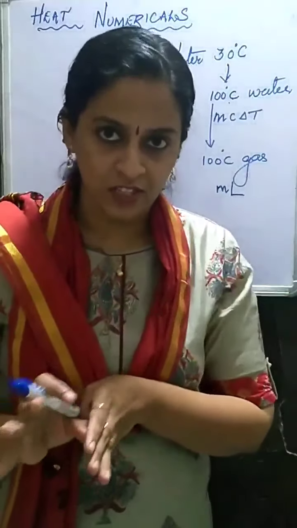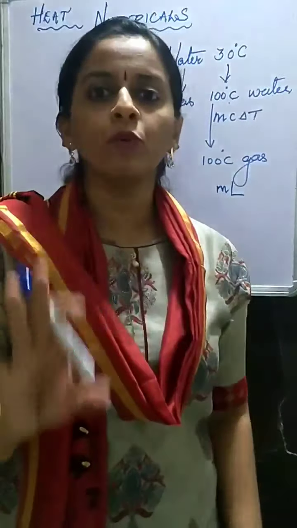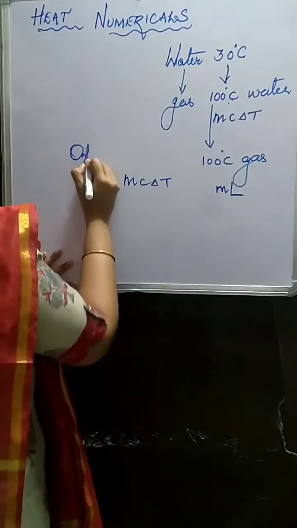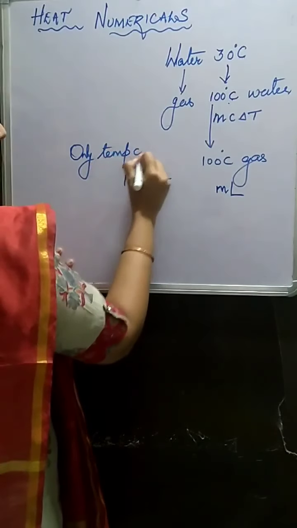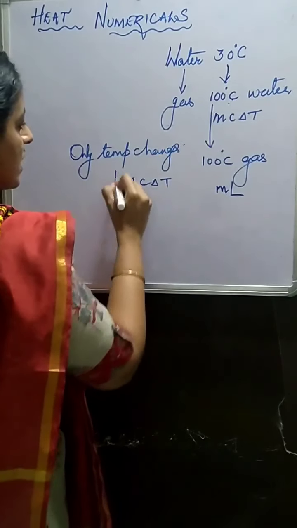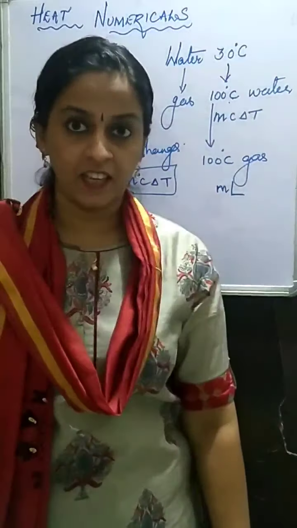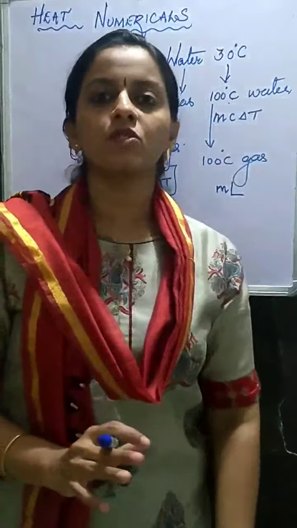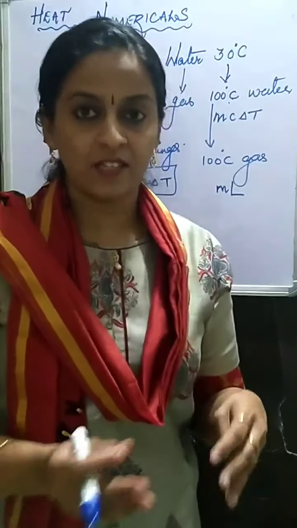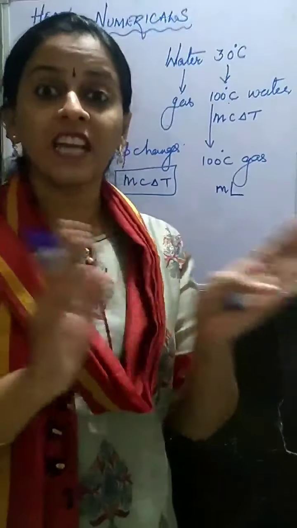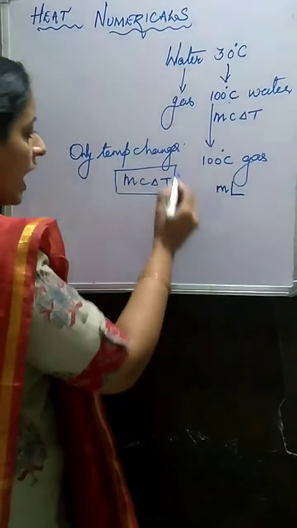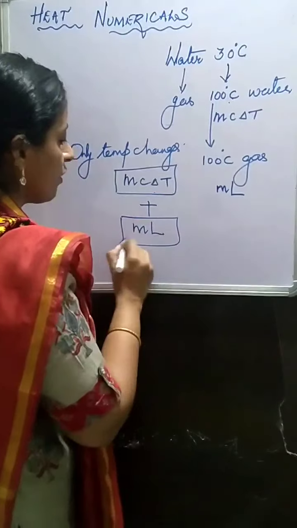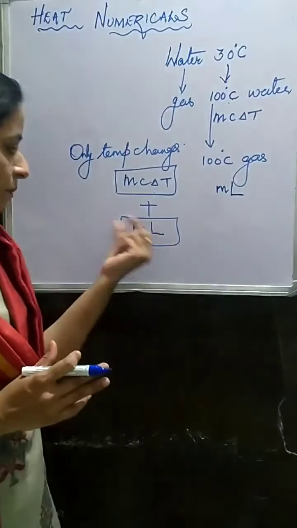When only the temperature is changing, you will use the formula mc delta T. When there is change in temperature as well as change in state, and in the coming questions you will see water getting converted into gas or ice getting converted into water, when there is change of state, you will add another formula, that is mL, latent heat of fusion or vaporization multiplied by mass.